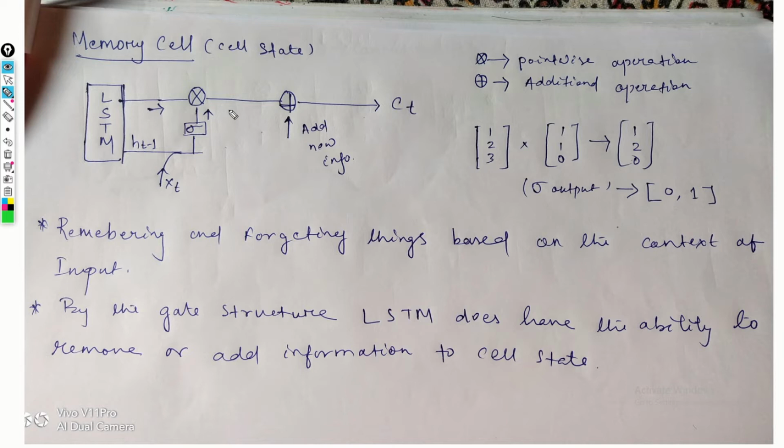What it does is a pointwise operation here. The cross means pointwise multiplication, and this is the addition operation. So what is this particular line responsible for?